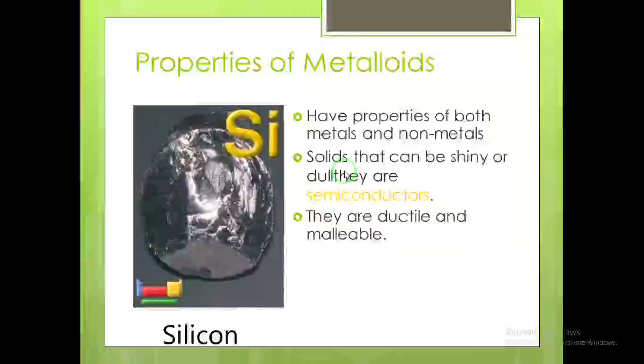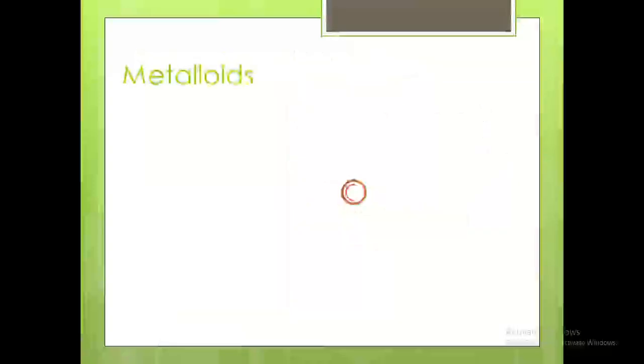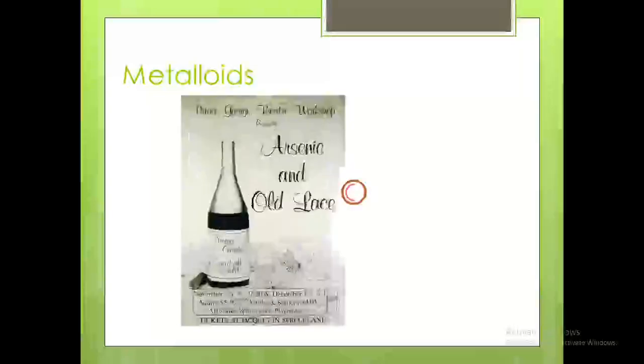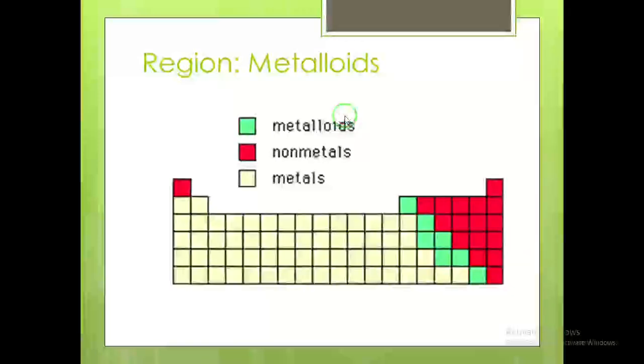They are solids, they can be shining, they can be dull, they can be ductile, they can be malleable. Can you see they are sharing properties of both metals and non-metals, but primarily they are semiconductors. Another example of a metalloid, apart from silicon that we had there, we have arsenic, germanium, etc.